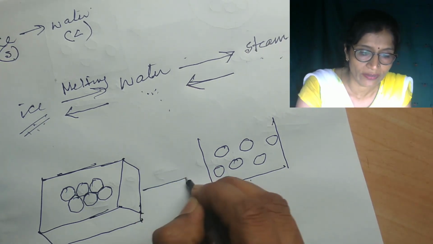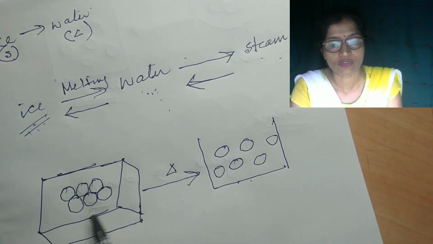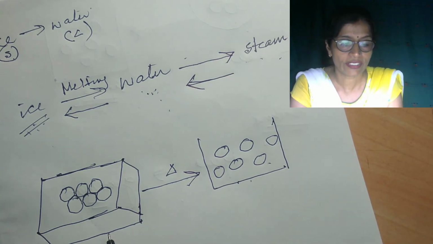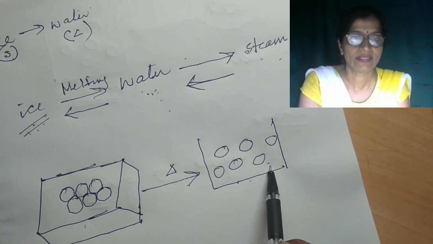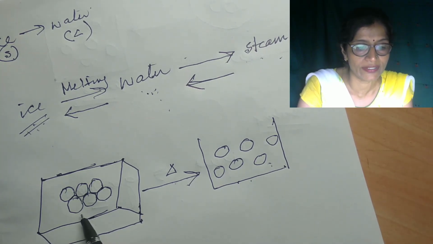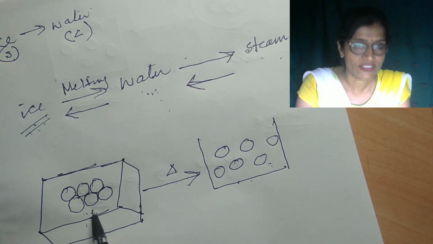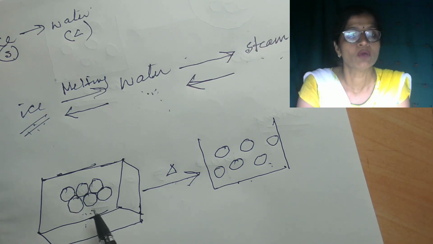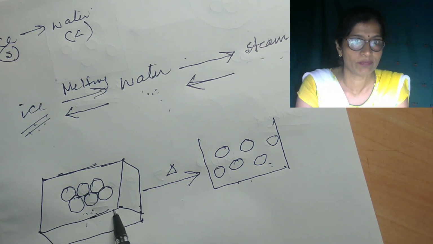Actually, when we heat the solid substance, it is converted from solid to liquid state. So why does this happen? When the solid is heated, the average kinetic energy of the particles increases. Since the kinetic energy increases, the molecules start vibrating about their mean position with greater amplitude.